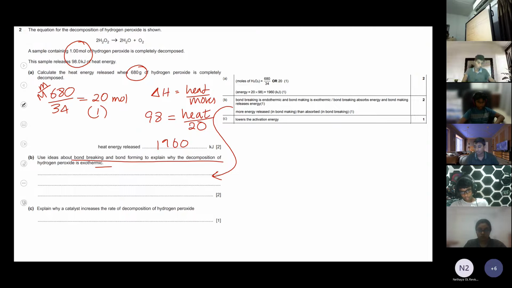Okay. Right, so it lowers the activation energy. Catalyst lowers the activation energy. Right. Next question. Add up your marks, first again out of 5.